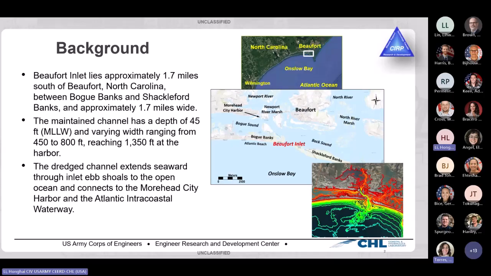The channel is pretty long, extending to the open ocean and connecting to Morehead City Harbor and also the Atlantic Intracoastal Waterway here.